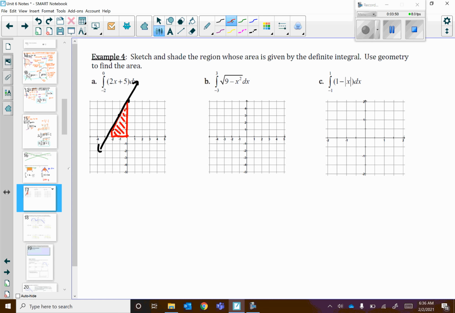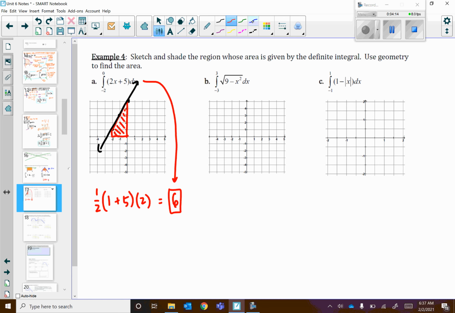How do I find this area? Well, I see that it is a trapezoid. So 1/2 base 1, which is 1, plus base 2, which is 5, times the height, which is 2. I get an area of 6. So the integral from negative 2 to 0 of 2x plus 5 with respect to x is 6.